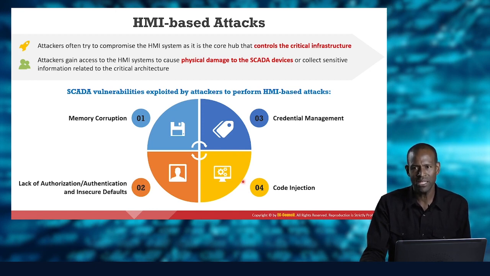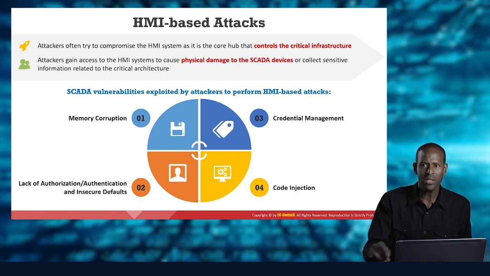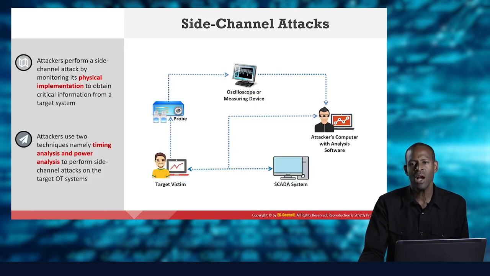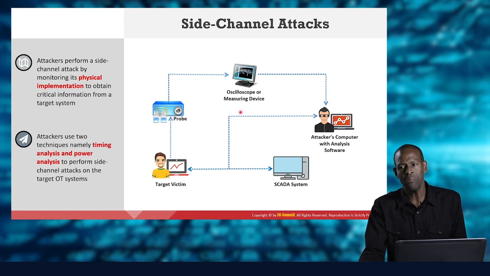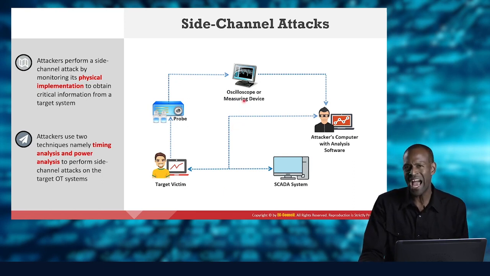So we have HMI attacks, and in this case, we also have side channel, like I was talking about, where we're looking at physical attributes of the device: power, radiation, vibration, heat, looking at those other areas. So we have a probe, we have an oscilloscope to measure even sound.